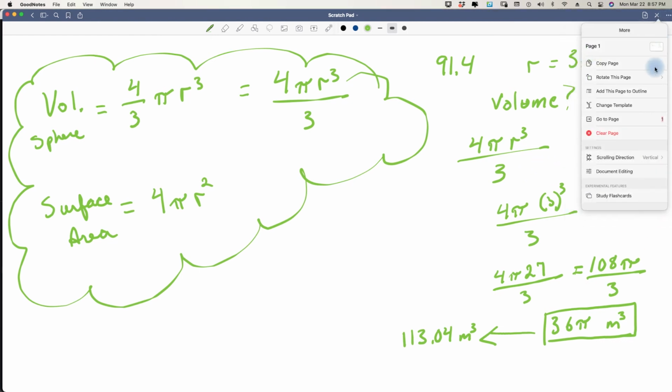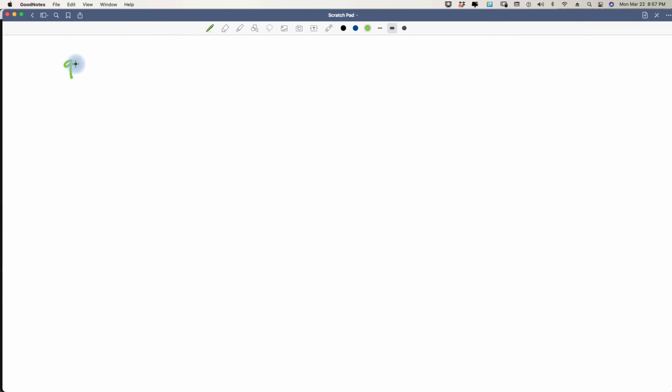I'm going to erase this. So if you need to take notes, pause it. 91.5. We're going to do the surface area of a sphere. And in this case, the radius equals 4 meters. Right? So the surface area formula is 4 pi r squared.